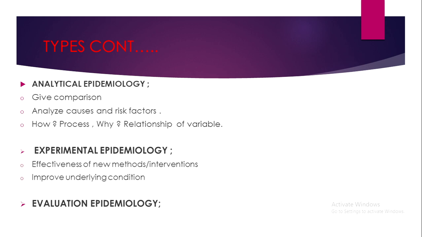And the other one is experimental epidemiology. Experimental epidemiology means the effectiveness of new methods or interventions. For example, if I discover a new medicine and I am going to know the effectiveness of that medicine, I will study the effect of this medicine. In experimental epidemiology, I will get some people and divide them into groups.